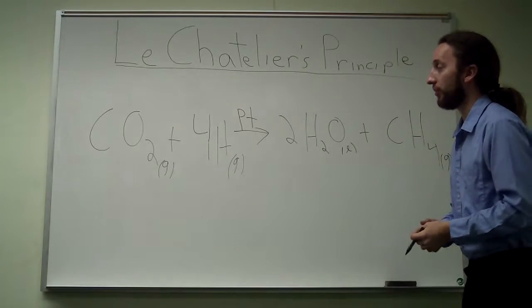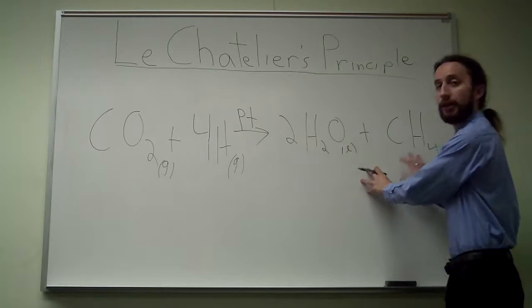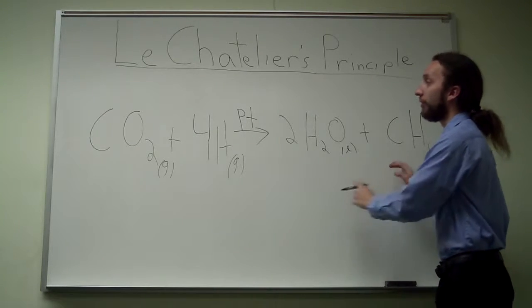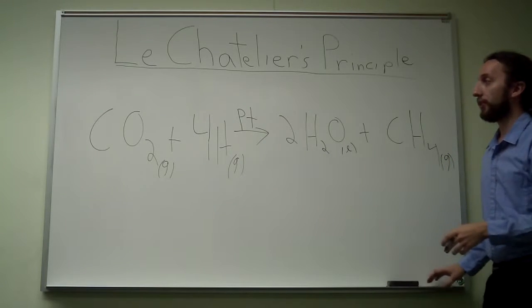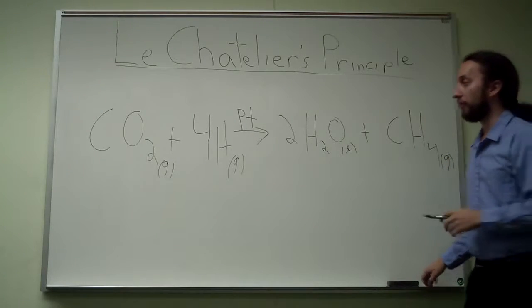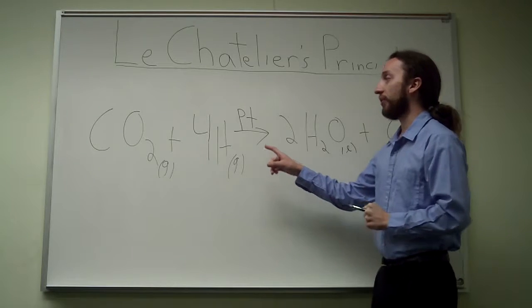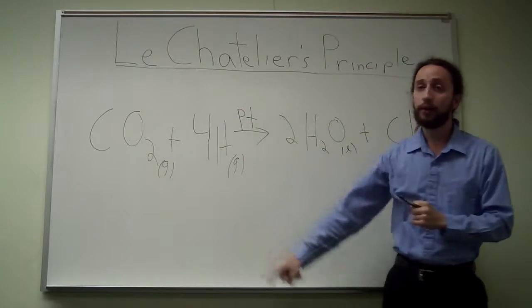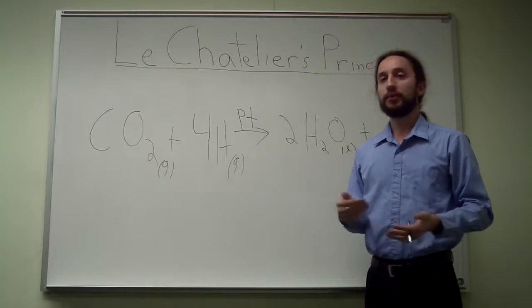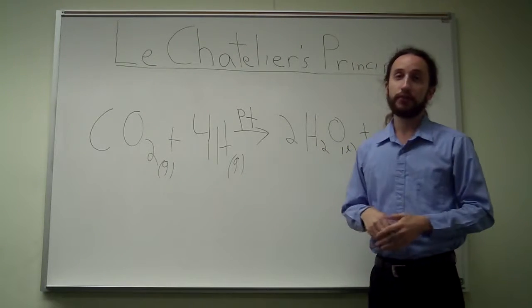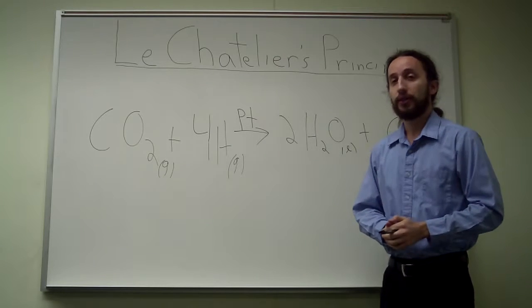Well, my first instinct would be to say, well, it's gonna increase the amount over here because it's gonna help speed up this formation process. But you have to be careful because the catalyst actually impacts the rate of the entire system. So the entire system changes. There's no real pressure to respond to. It stays the same. Le Chatelier's principle says nothing changes.